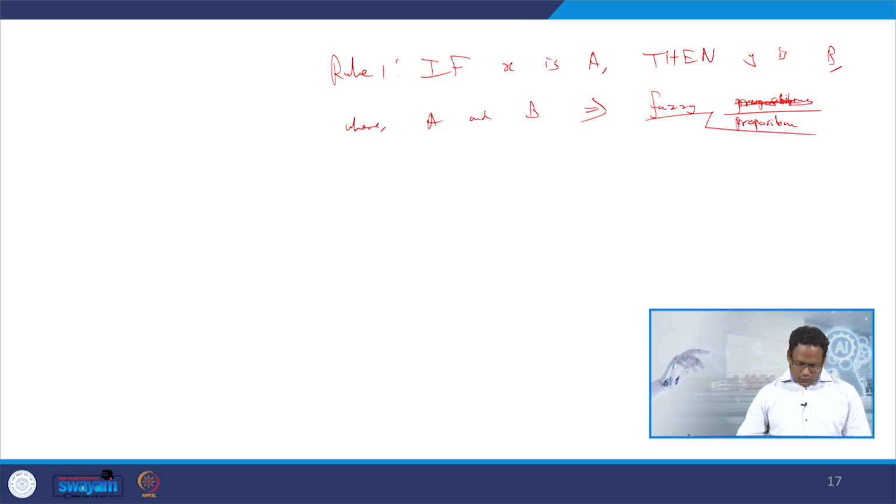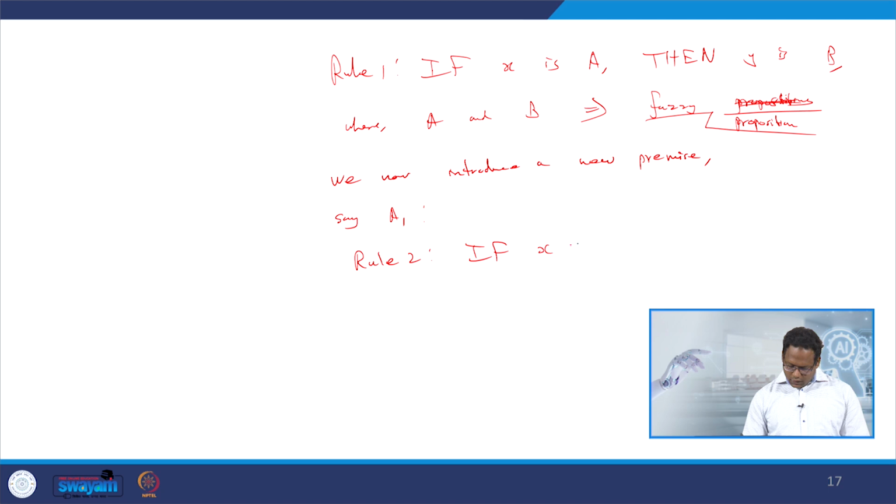Okay. So, we can say that we now introduce a new introduction or premise, say A1, and we consider the following rule, say rule 2, if x is A1, then y is B1.